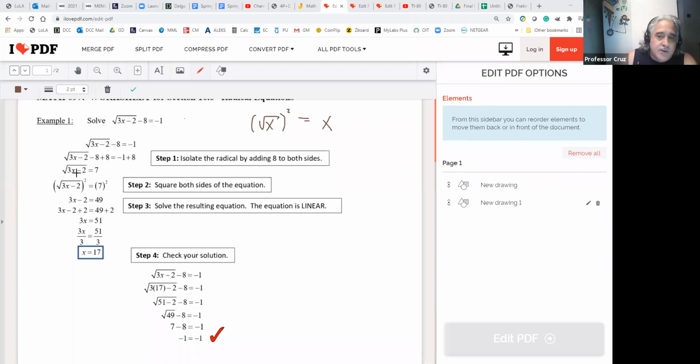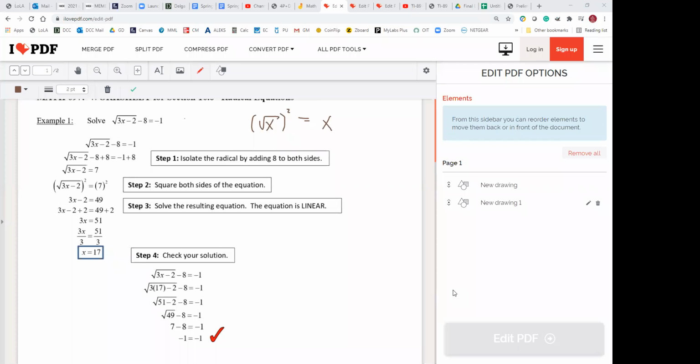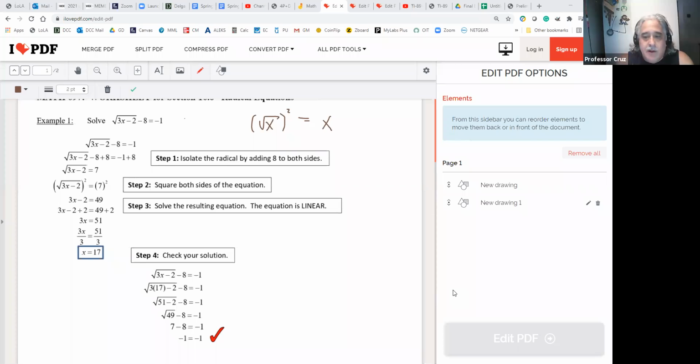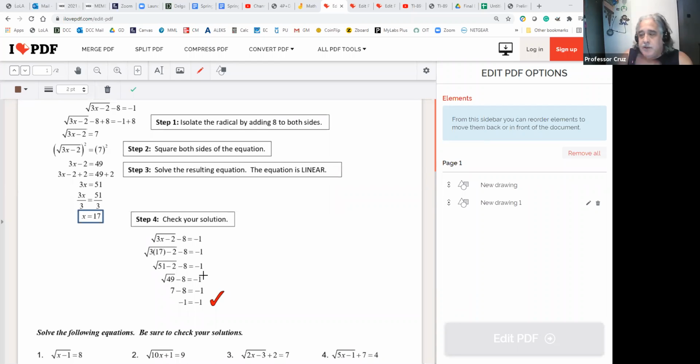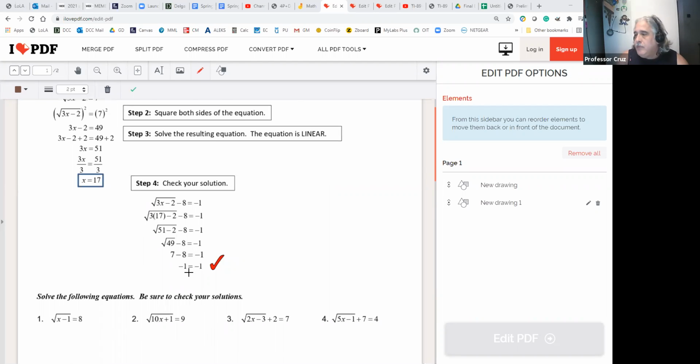We're working with the square of that equation. So that means the possibility of losing something. When we put 17 back in there, we can see that it works out. Okay, does that make sense?